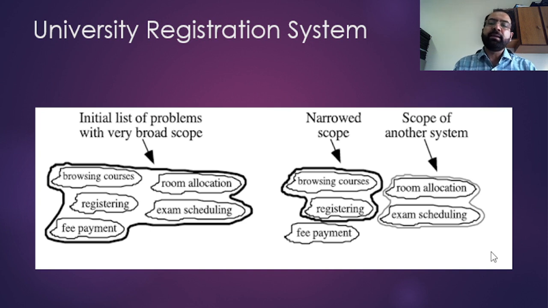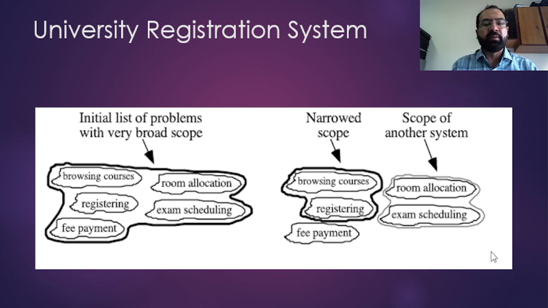So you see one small example here. Let's assume that you are developing a university registration system. In the first go, you can select many options or issues which might be included in your scope. Might be you are looking for browsing courses, providing facilities to the students to browse courses.